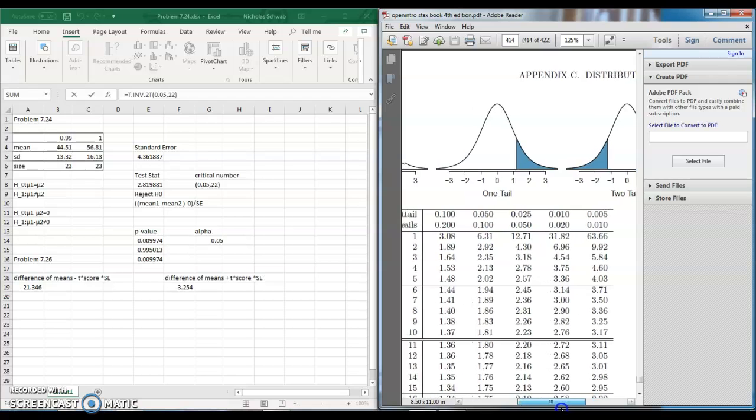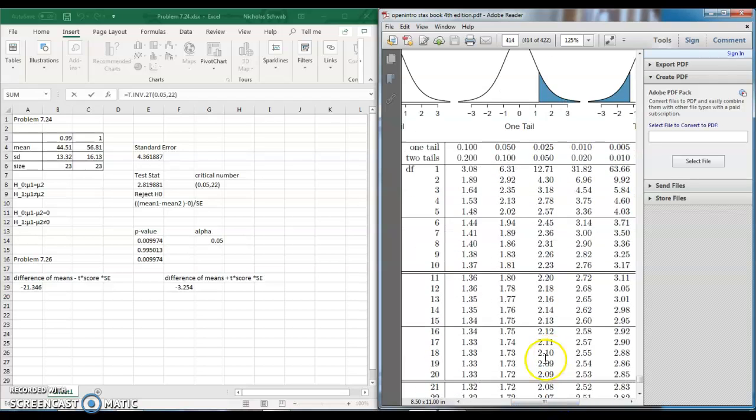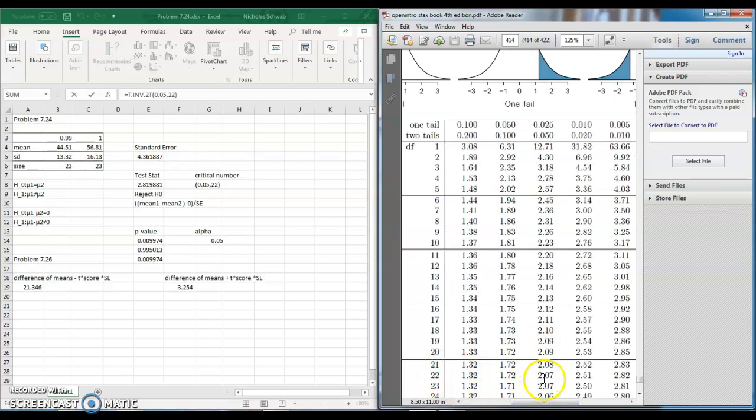We can also just get our critical number if we go down to 22 degrees of freedom, which is right here, and we want the alpha in the two tails to be 0.05. So we have 2.07 there, and in this one we get the same, 2.07.